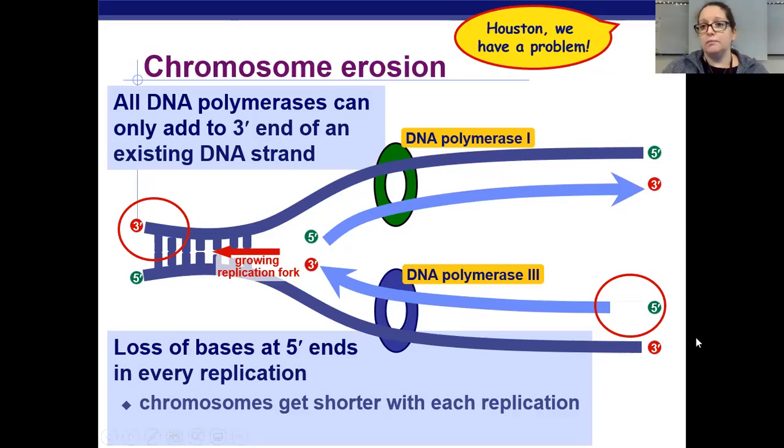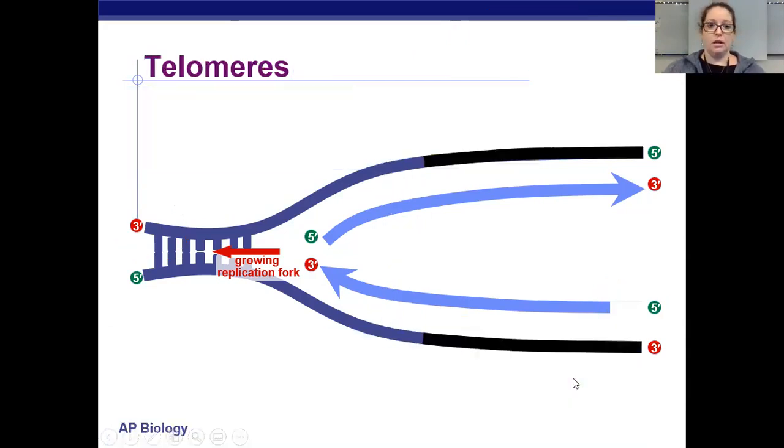Eventually though, they get short enough to start causing mutations in the chromosomes, which is why ladies specifically have an age limit on our eggs, because remember, you're born with every egg that you can ever create a baby with, and as they multiply and get older, it's not the same anymore.